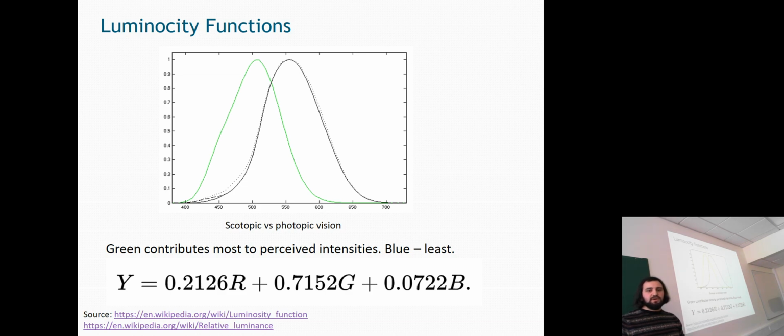If you want it to really correspond to human vision, here is the formula where the G value has the highest weight. Our sensitivity towards blue is very low, so blue is the smallest one, and we have some contribution from R as well.